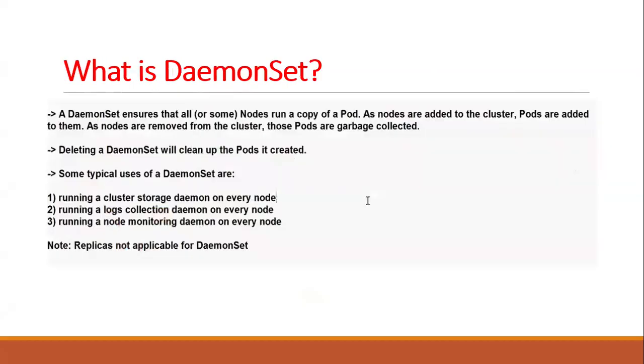What is a daemon set? A daemon set ensures that all nodes run a copy of the pod. As nodes are added to the cluster, pods are added to them, and as nodes are removed from the cluster, those pods are garbage collected.